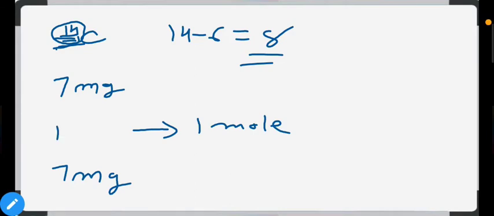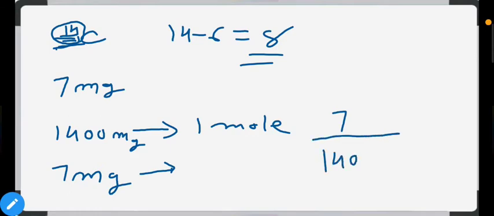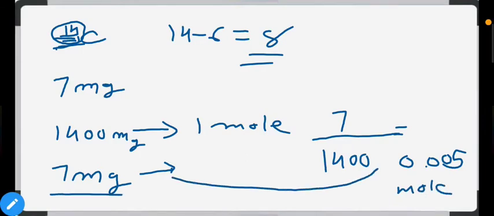So 14 gram is equal to 14,000 milligrams is equal to 1 mole of carbon. Then 7 is equal to how many? Okay, so cross multiplication, 7 divided by 14,000. So it will be 0.0005 moles of C14 in 7 milligrams. Okay, so this will be the number of moles of carbon atoms in 7 milligrams.